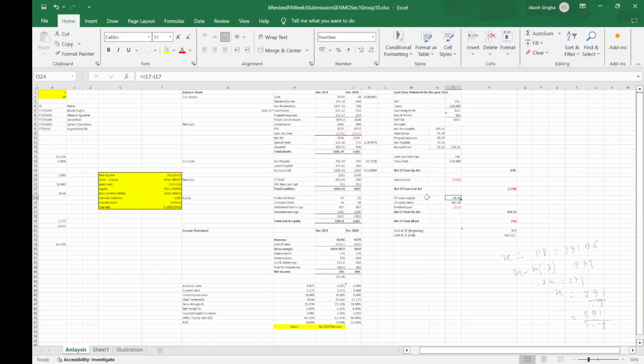And how did we find the dividend paid? We check the change in earnings, which is minus last year's earnings. It is 80, but the net income is 291. So the other 200, whatever the difference is, went to dividend. So 291 minus 80, you will get the value which was given as dividend.